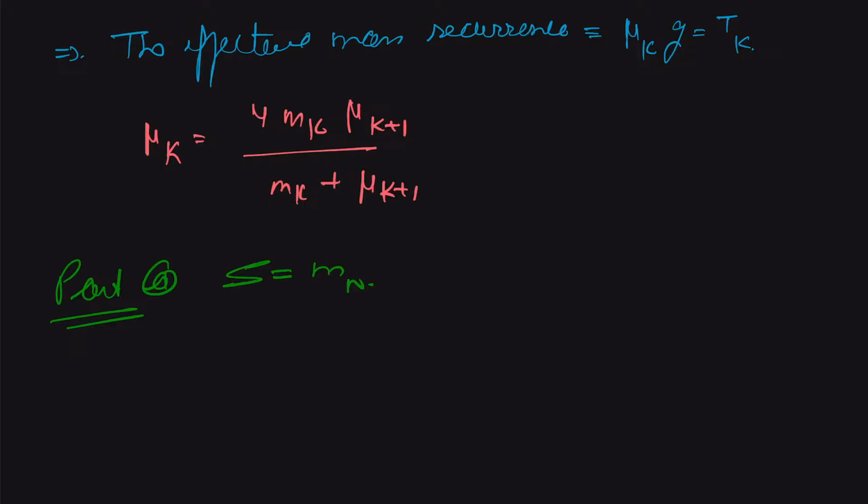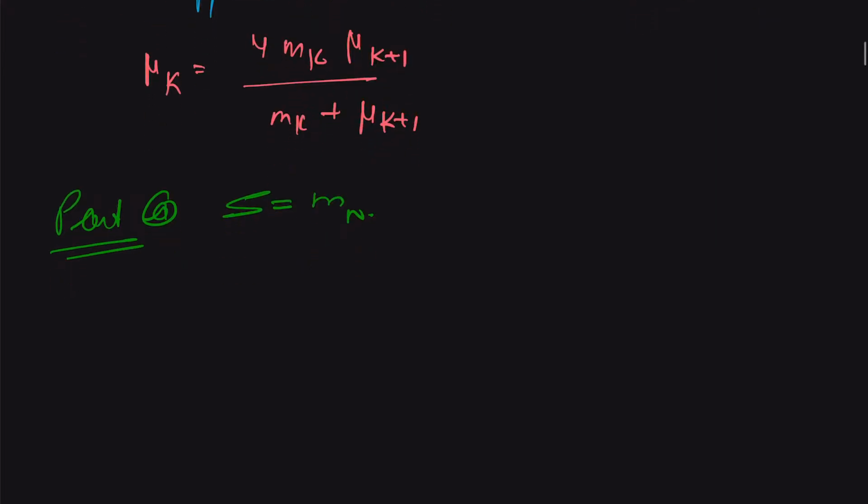Okay. And therefore, because it is our lowest level, on the left side we already have m of n, and on the right side we have connected s, and the value of s is equal to m of n.